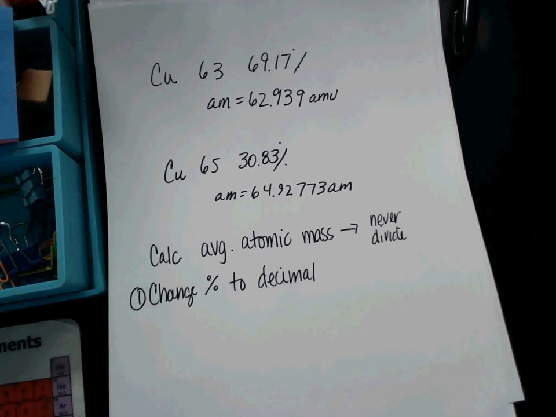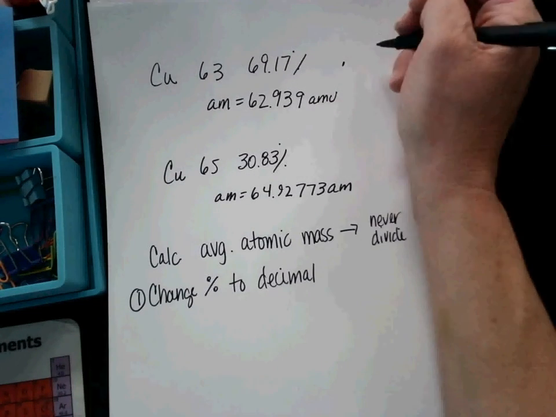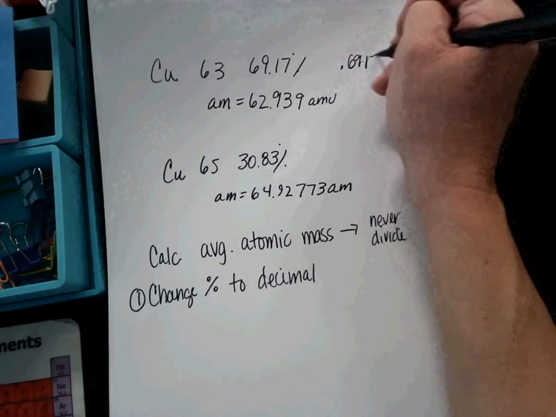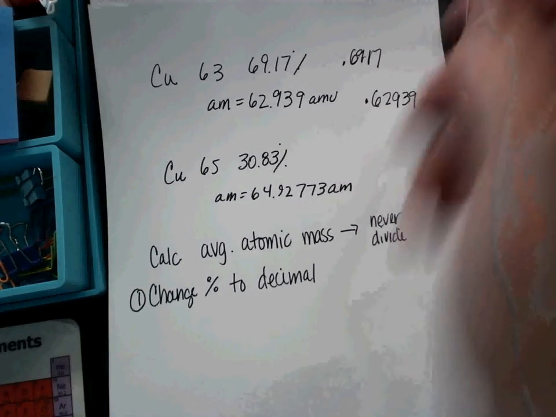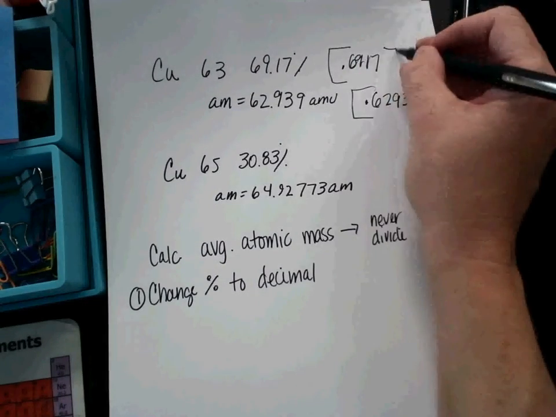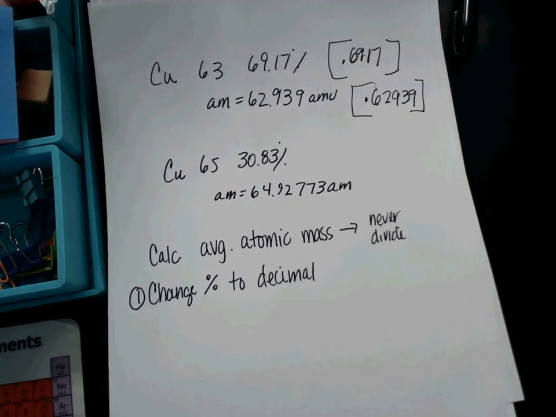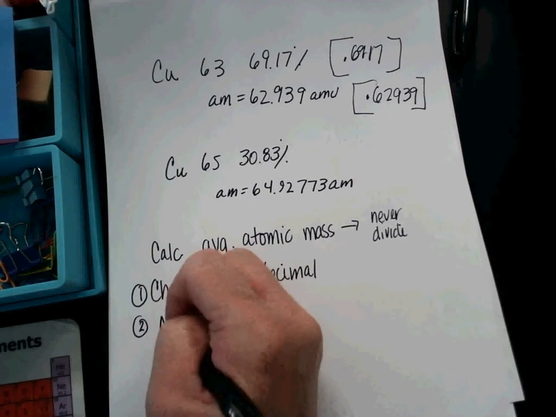Mathematically, 100. When you're changing a percent to a decimal, we divide through by 100. So this becomes 0.6917, exactly, and this becomes 0.62939. Okay? So now I have turned my percents into decimals.